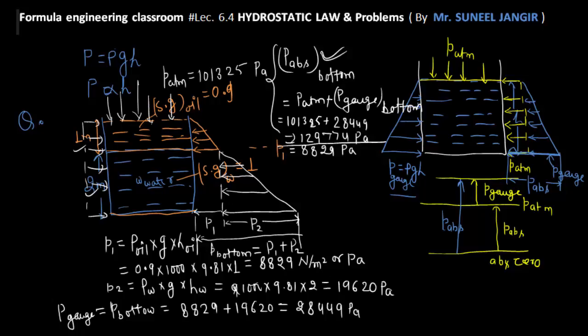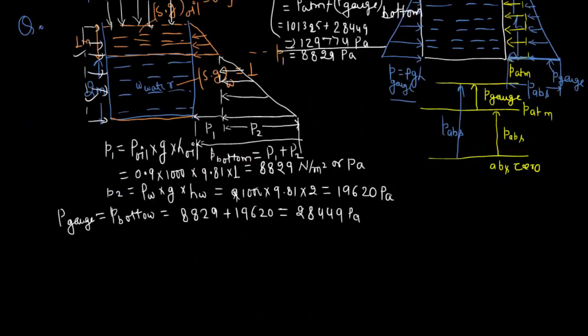Okay, so now we want to calculate how much force is exerted by the gauge pressure due to the fluid on the bottom of the container. So obviously in this case we require the area of the bottom.